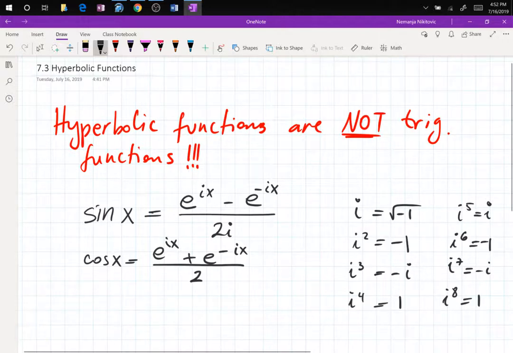So as you take exponents of i, they will go into this group of 4, and they will keep looping.